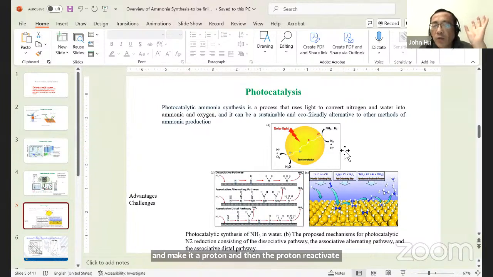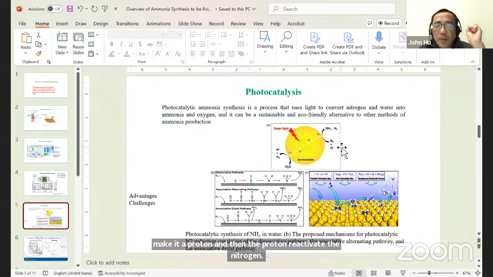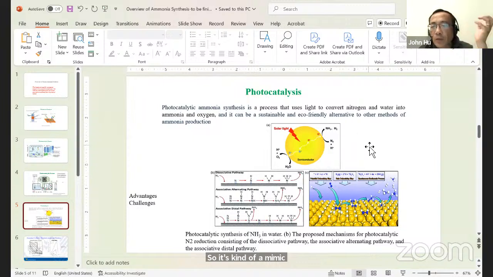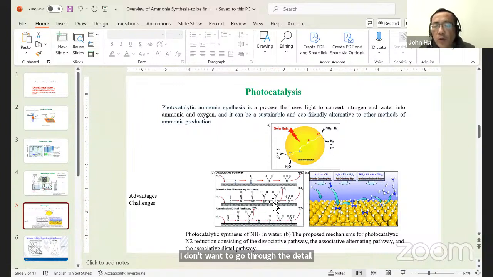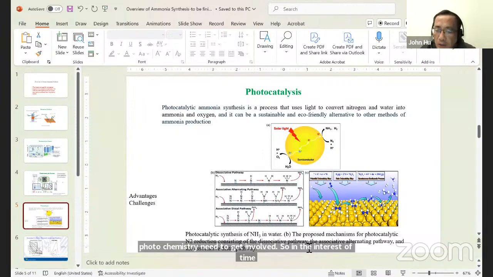So it kind of mimics the natural process, but the natural process is very slow and depends on the plants. So here they want to make an artificial sunlight-sensitive material. I don't want to go through the detail because a lot of photochemistry needs to get involved. In the interest of time, I only want to show you the different methods to make ammonia.